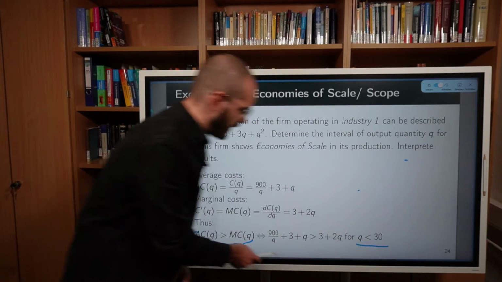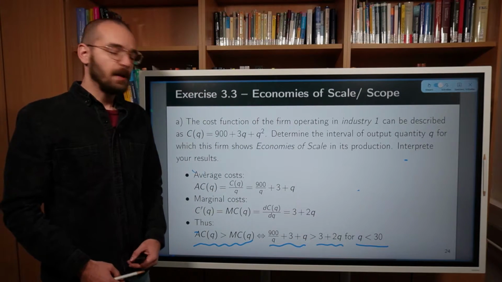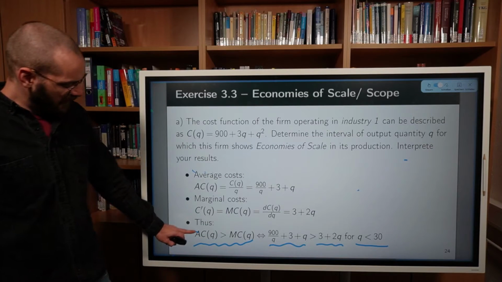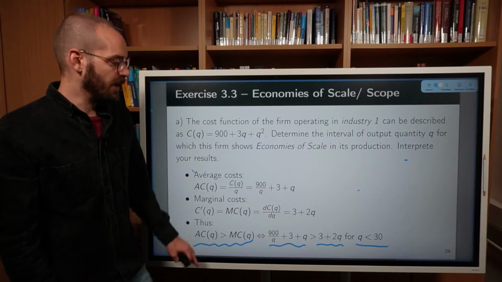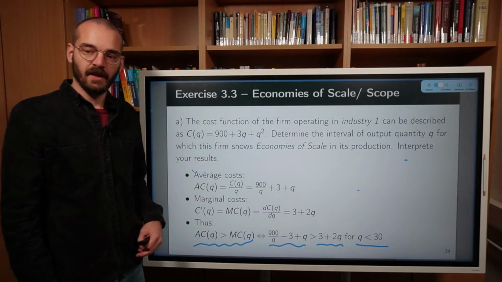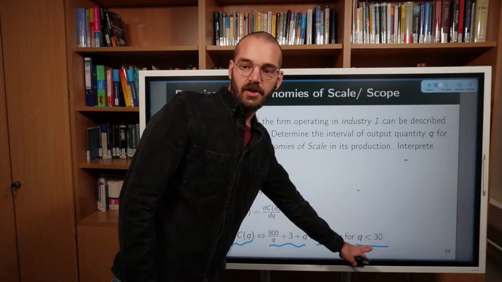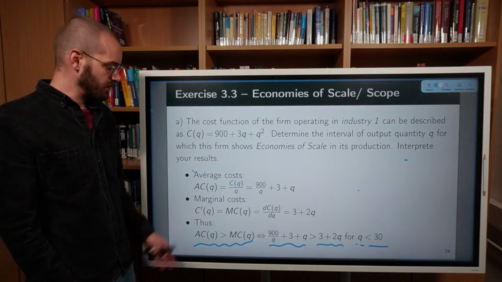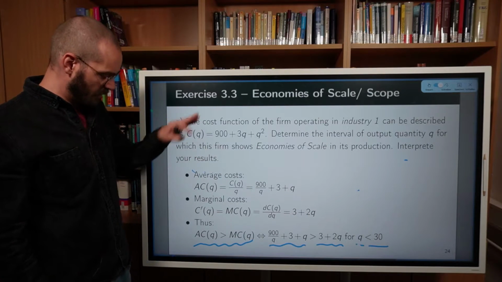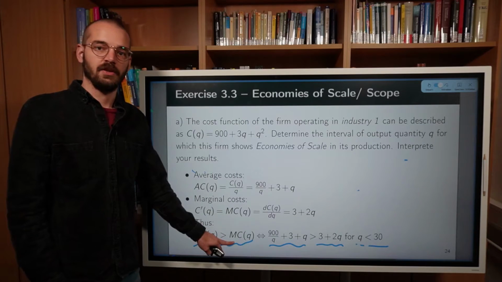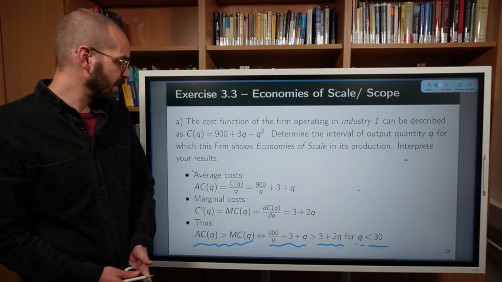And we find out that saying AC is larger than MC is equivalent in this specific case to saying Q is smaller than 30. So this expression is true if this expression is true. We now know the answer to this question. We do have economies of scale because average costs are larger than marginal costs as long as Q is smaller than 30. And that is the answer to our question.